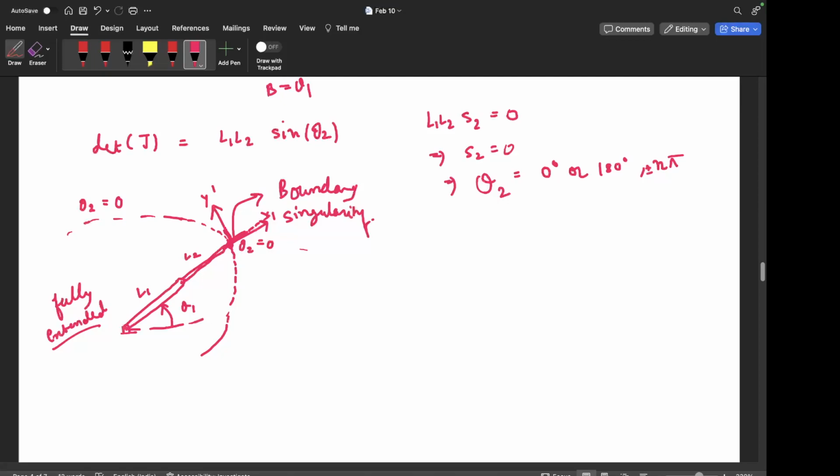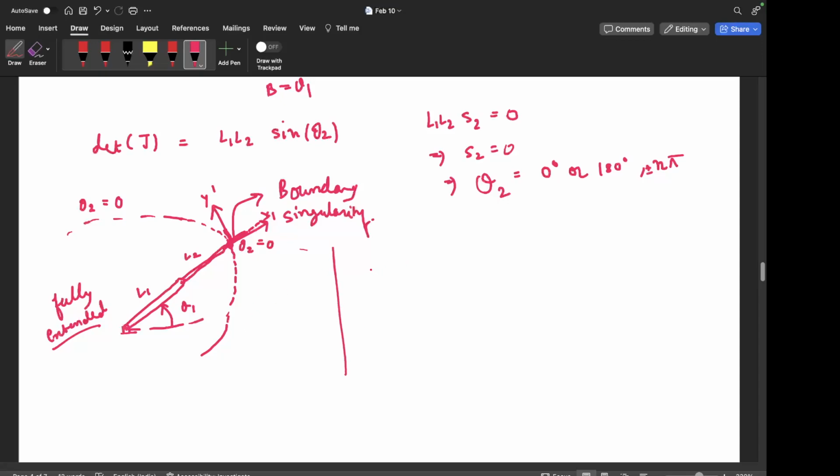Your manipulator is a 2 degree of freedom mechanism, but at the singularity point you lose 1 degree of freedom, right? That's the consequence. In general terminology, we say that the arm or the manipulator has locked out. It can't extend any further. So that's the first case when theta 2 is equal to 0.